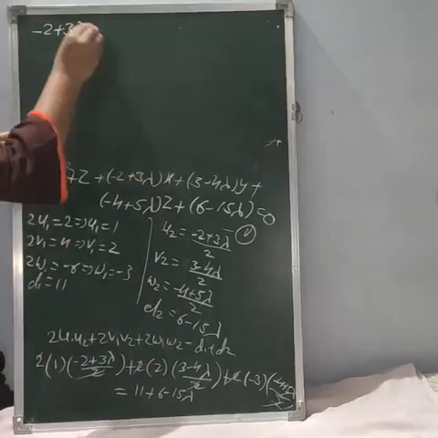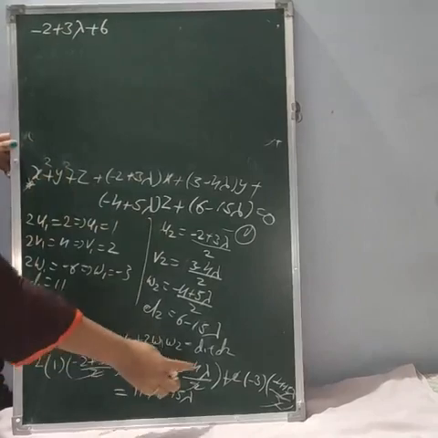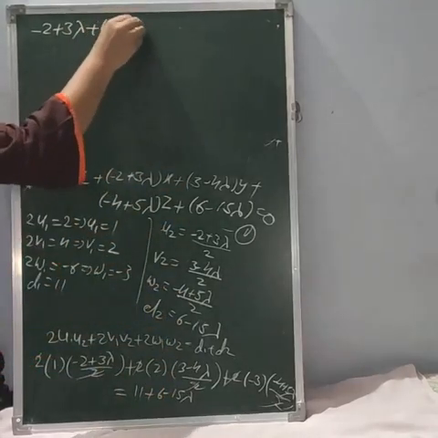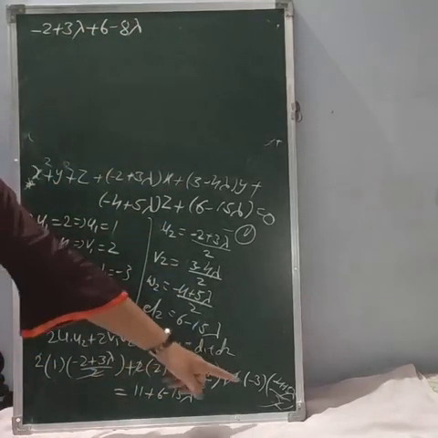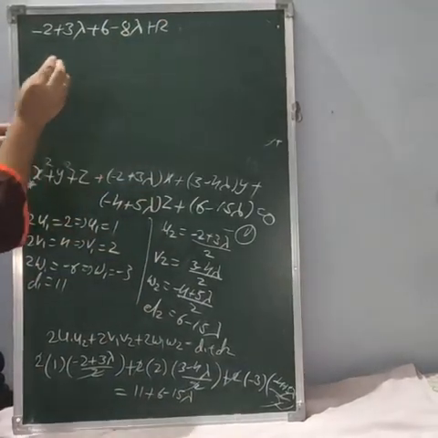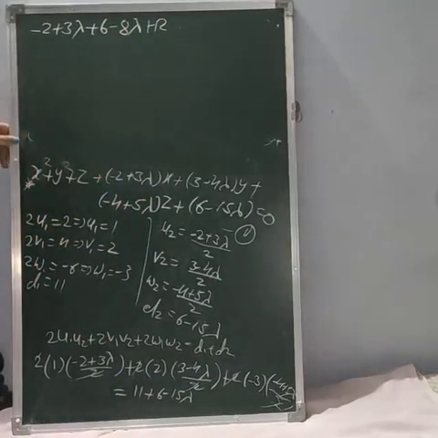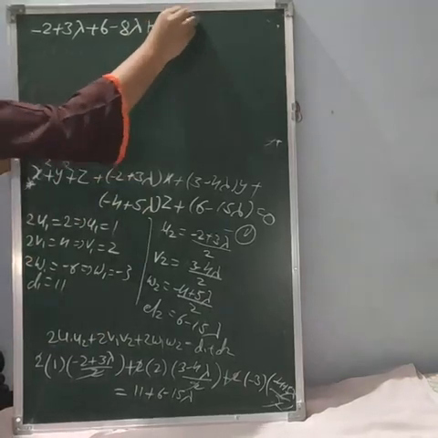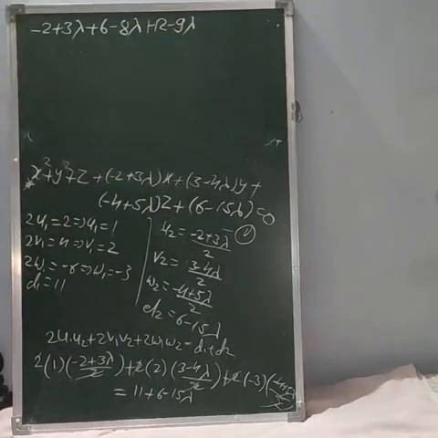What will you get? 2 into 3 is 6. Next 2 into minus 4, so minus 8 lambda. Next, we remain with minus 3 into minus 4, it is plus 12. Next is plus 3 lambda, so minus 3 into plus 3 gives minus 9 lambda. Is it? Minus 9.